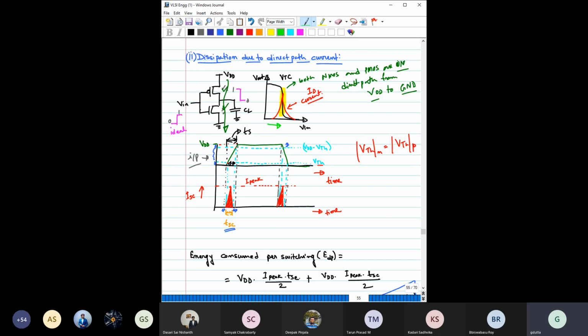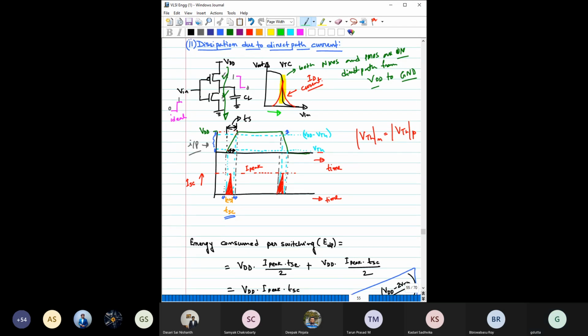This happens only when the transistors operate in this region, that is, only when the input or the output of this inverter is changing. So we should also have a frequency term f associated with this.